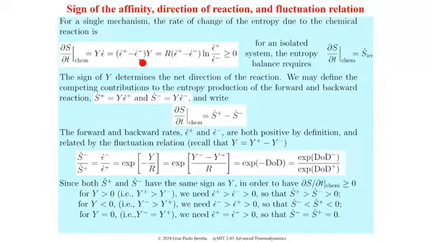Since we said that these epsilon pluses and minuses are always positive, whereas the affinity can be positive or negative, we call these two contributions S dot plus and S dot minus. So we rewrite that expression for the entropy change as S dot plus minus S dot minus.